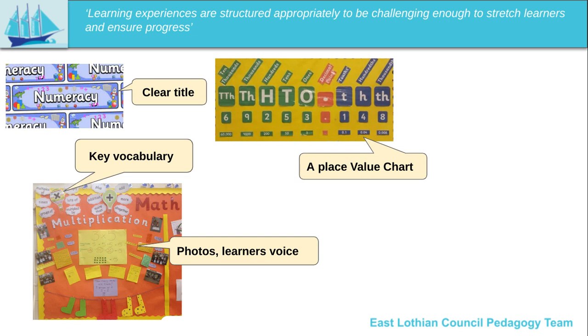A place value chart from P3 and above is a really good resource. You can tailor it to suit your learners, and you can add columns to the place value chart as the learning progresses. And again, refer to this during your lessons whenever relevant.